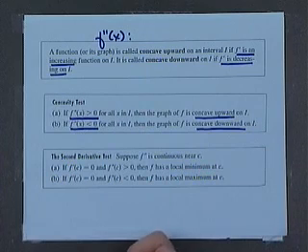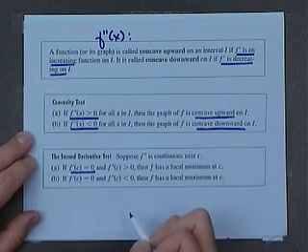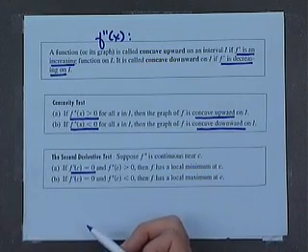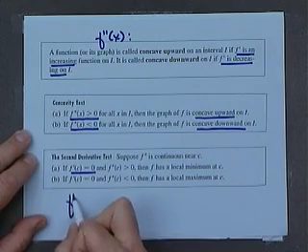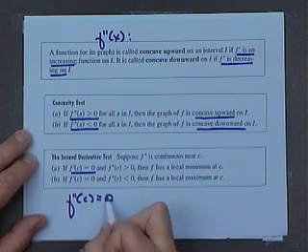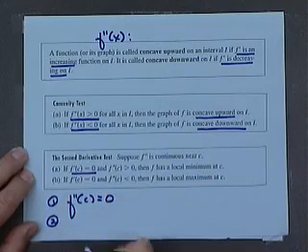So how do you actually do a test? You want to check where the second derivative is 0 and where the second derivative is undefined. Unfortunately, these are not called critical points. Critical points refer to the first derivative. This is second derivative, which doesn't really have a specific name.